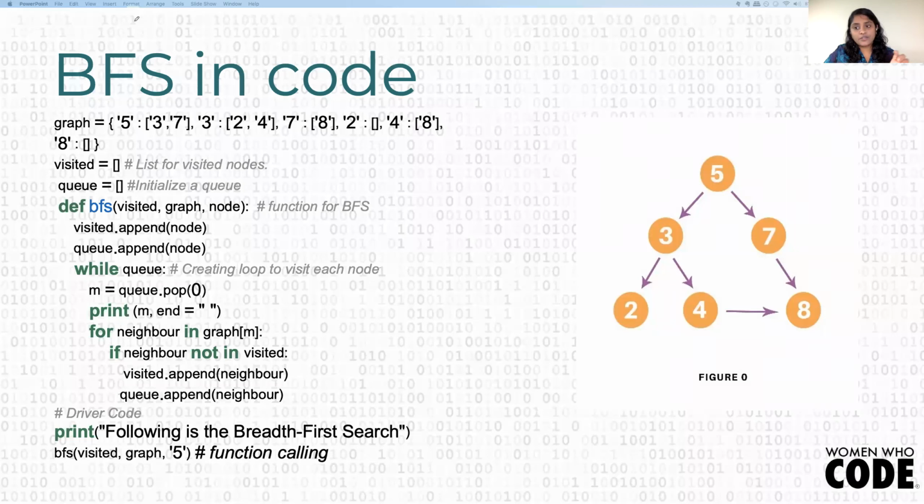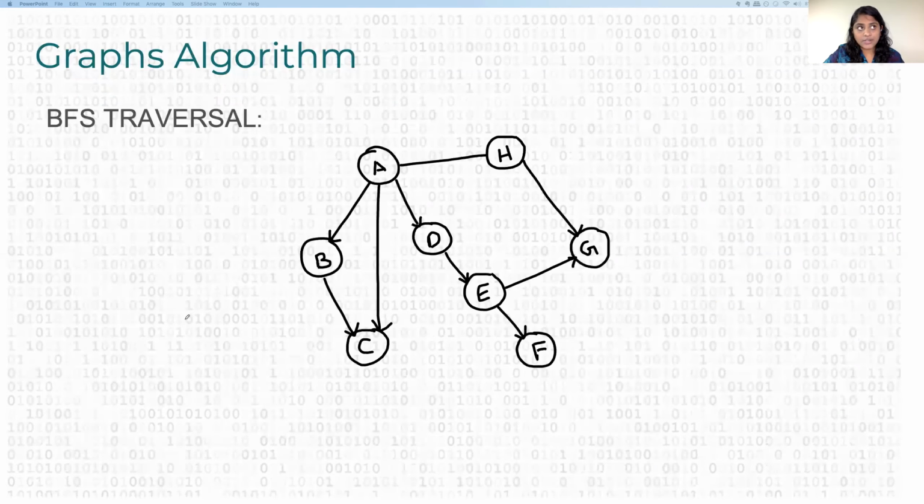For every neighbor, if it is not visited, then we add it to the visited set or list to acknowledge that we have visited that particular node, and then add it to the queue. When I add it to the queue, it is added at the end, to the back of the queue. We'll see in detail how that works here.